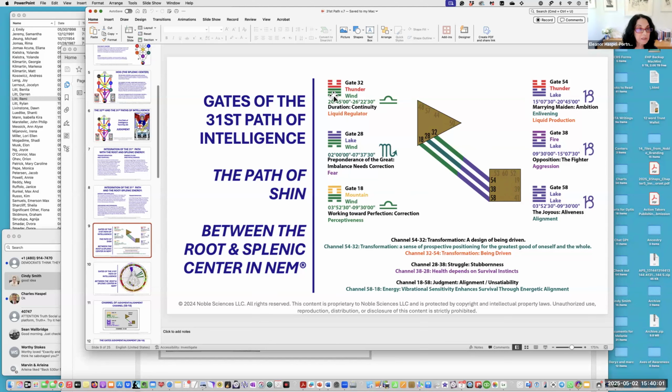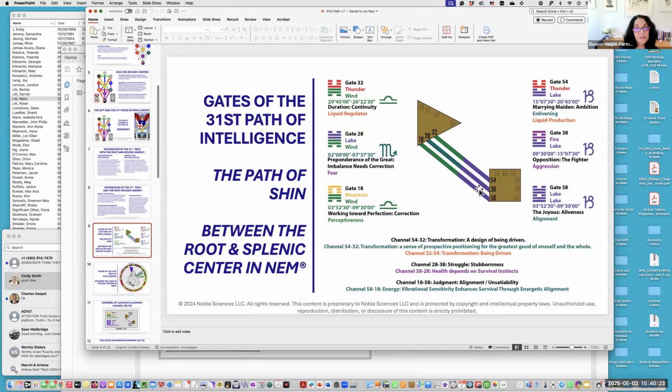Same thing in the splenic center. But it's Capricorn, Capricorn, Capricorn. It's very grounded in the root, and then it moves into the splenic center. We have wind on the bottom.